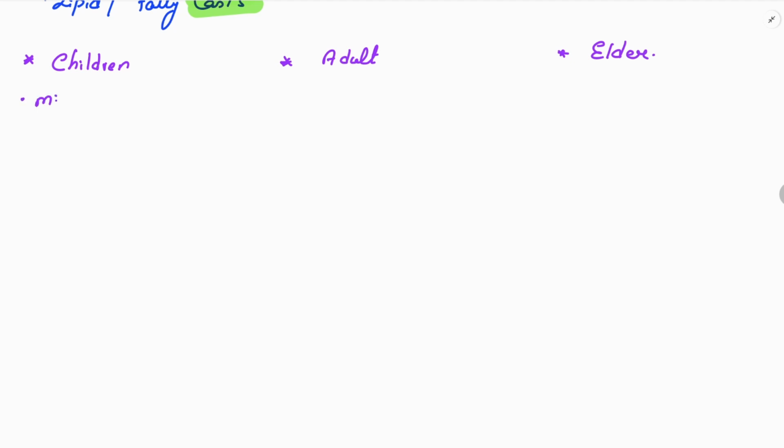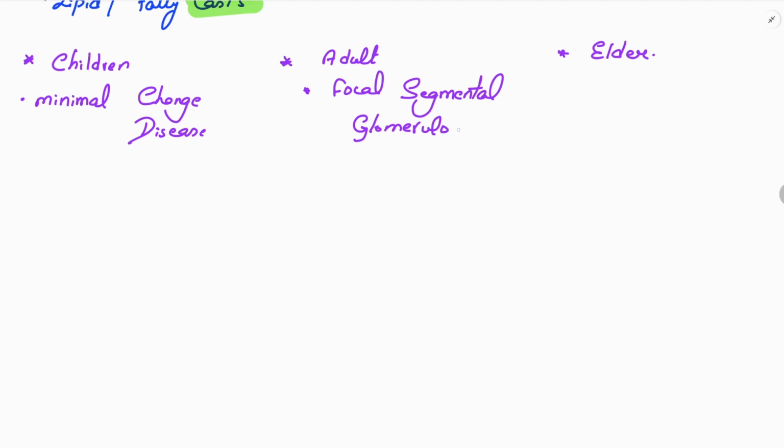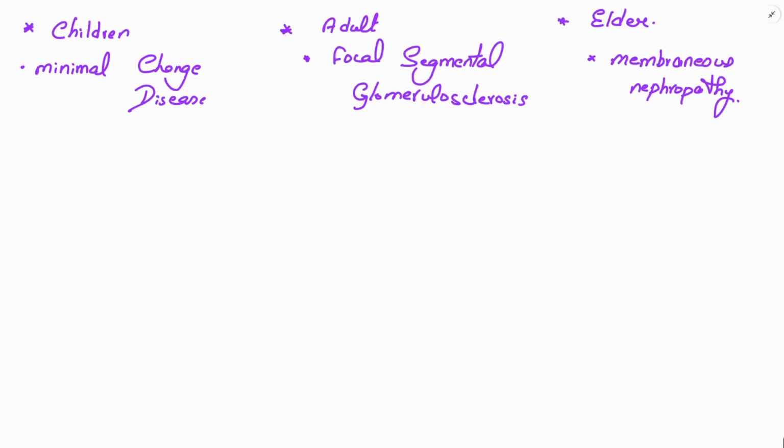In children, you can observe minimal change disease, whereas in adults you can observe focal segmental glomerulosclerosis, and in elderly people you can mostly observe membranous nephropathy. So these are the different types of diseases that you can see in the nephrotic syndrome. So let's start with the minimal change disease.